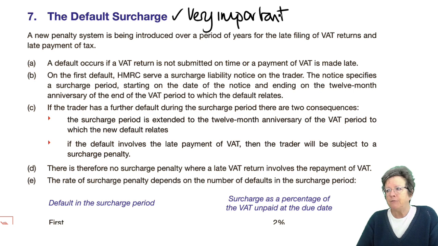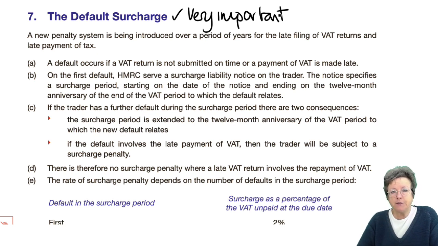So if you remember, we've just discussed the fact that it's important to submit your return online and to pay within the correct time. If you don't, then you will get penalties. Now, it's a new penalty system introduced some time ago. It talks about it being a new penalty because they keep tweaking it and making it slightly different.